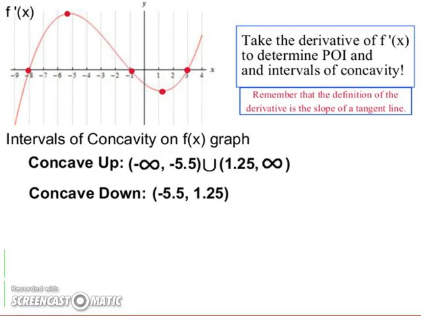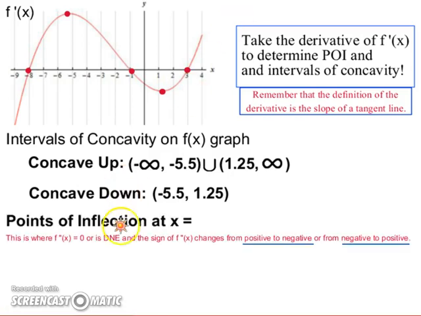And now points of inflection would occur anywhere where the second derivative is 0 or undefined. In this case, we don't have any situations that they're undefined. So a point of inflection technically occurs where the second derivative is equal to 0 and there's a sign change in the second derivative.